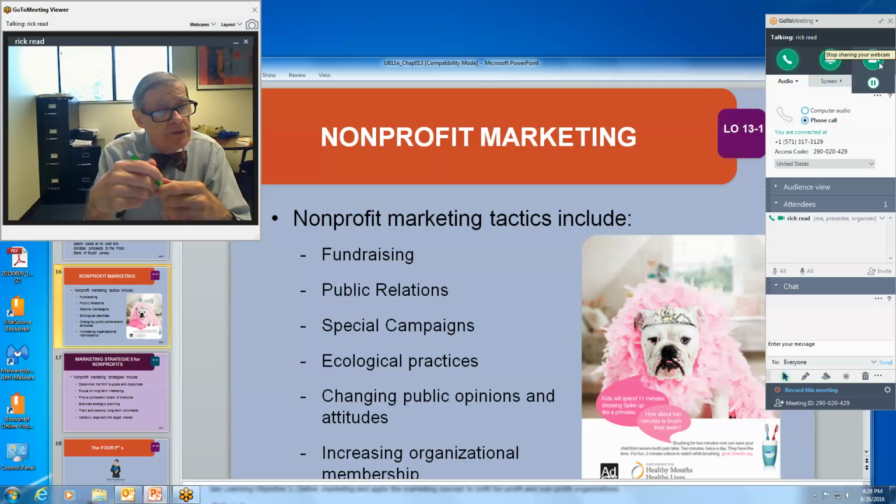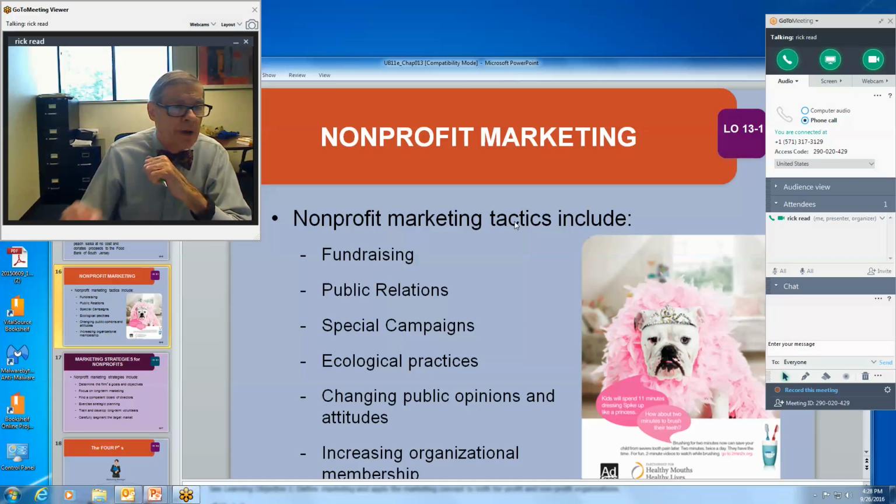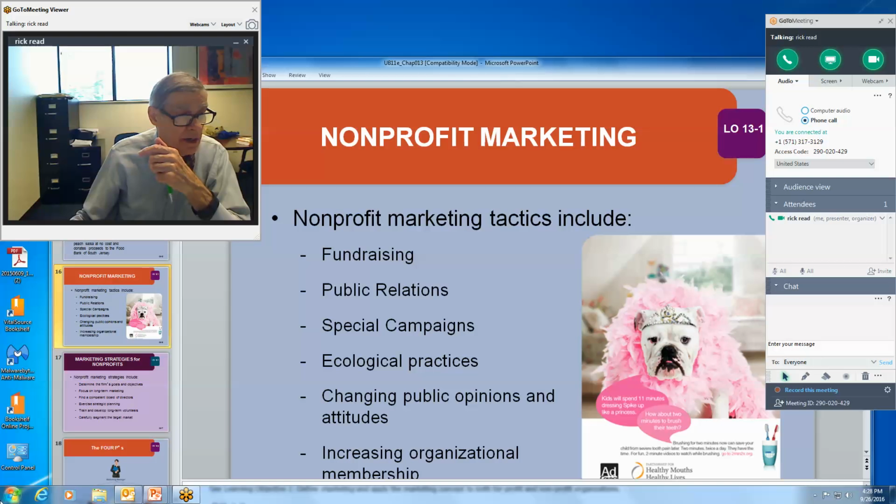But there are other things that they're trying to do here. They're trying to increase their membership. They're trying to look at things about the environment, and then they have special campaigns and things of that nature. All marketing, different ways of marketing. We're not selling a product here as much as we're selling an idea or help for the community or something of that nature.